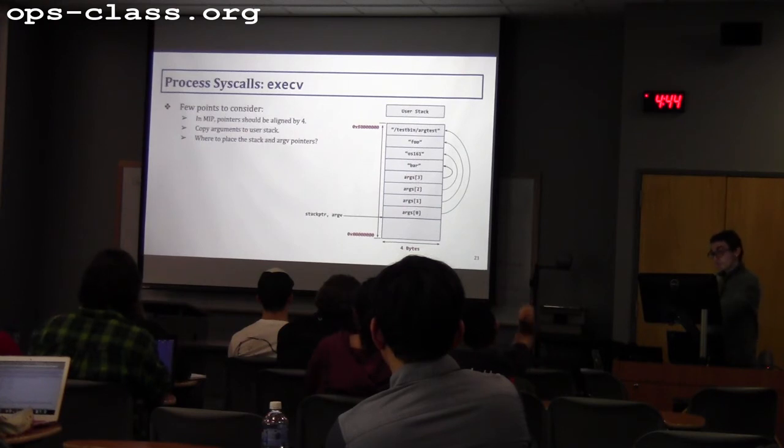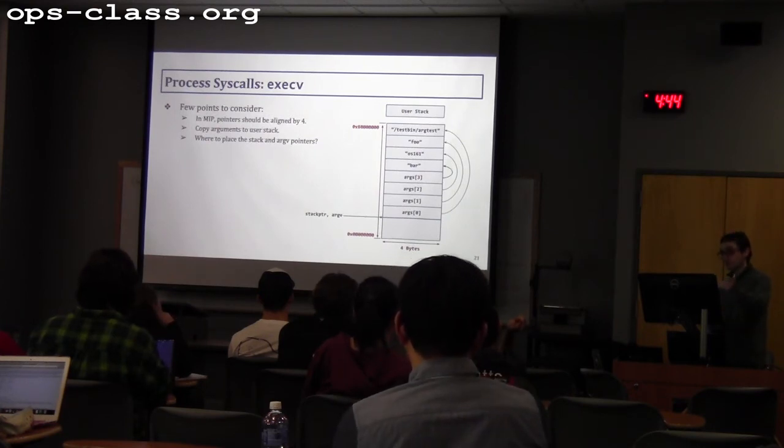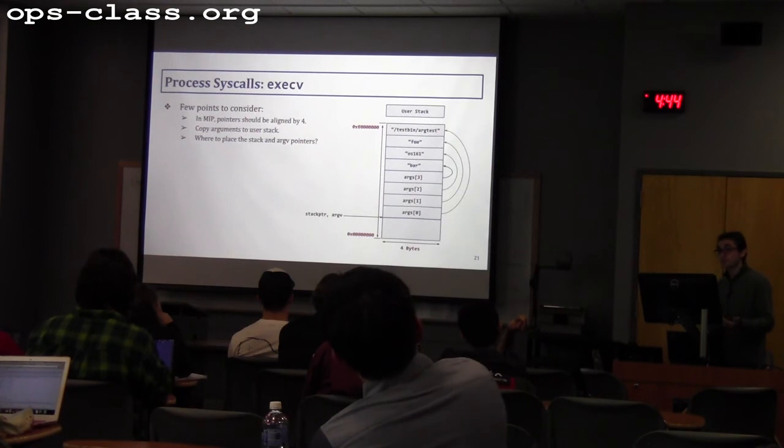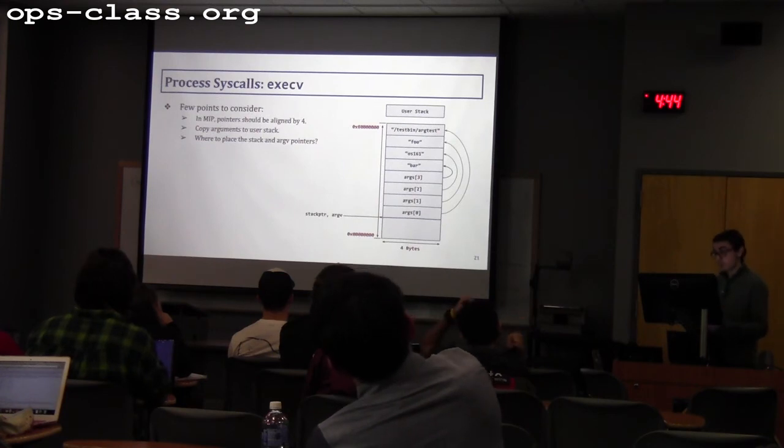So each index in that argv array is a pointer to a string, and that pointer is of size 4 bytes.